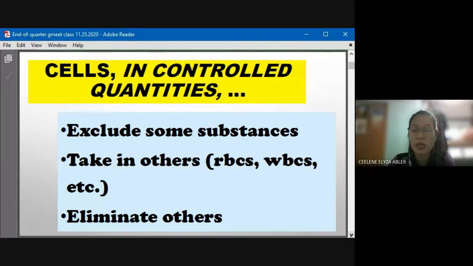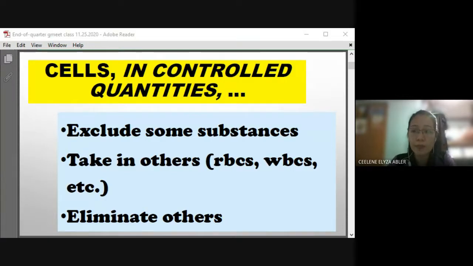So the ones that are too polar, it's actually usually excluded from the cell. Except that there are some membrane proteins that can allow them to enter the cell. So mamaya makikilala nyo ang ibang membrane proteins.